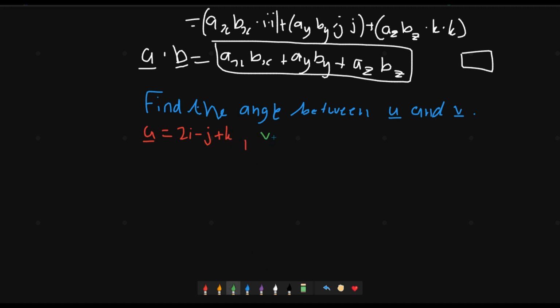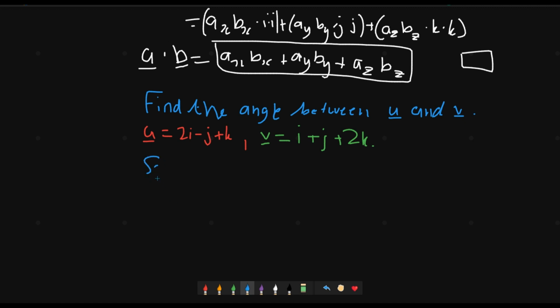and v is going to be i plus j plus k. Let's do 2k. Sorry, let's do 2k. Okay, very nice. So to find the angle between u and v, first of all, let's just write down what we know.